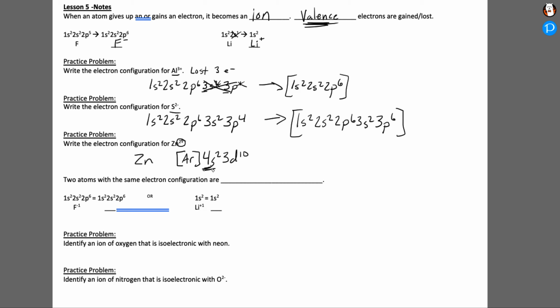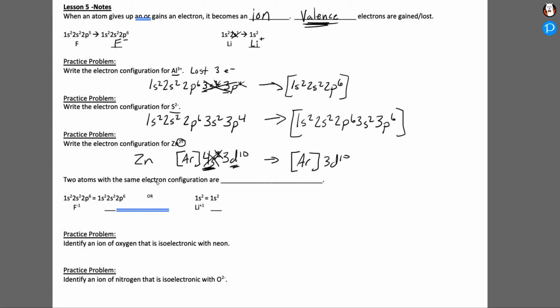So they're going to lose these first before they start losing these electrons. So for zinc 2+, that means these 2 electrons are going first. And so my electron configuration for zinc 2+ would be argon and then just 3d10, because now this has gone away after it loses those 2 electrons.